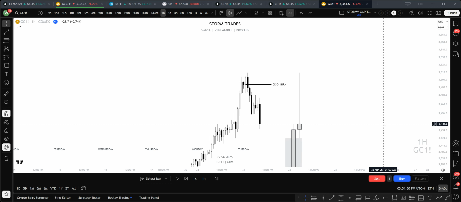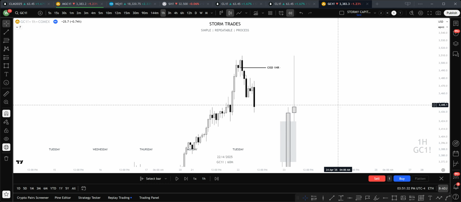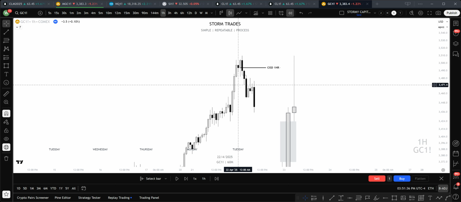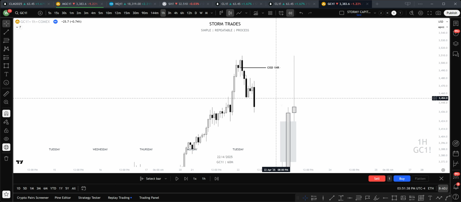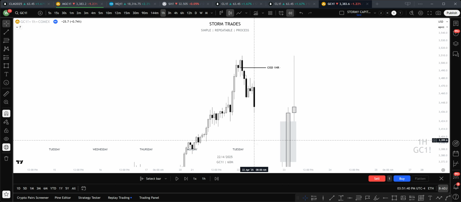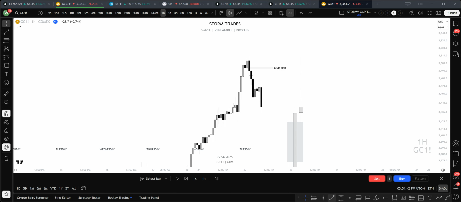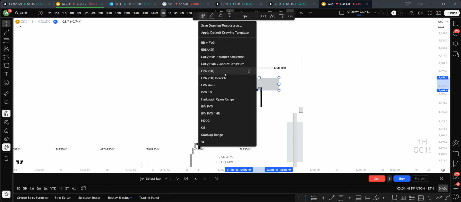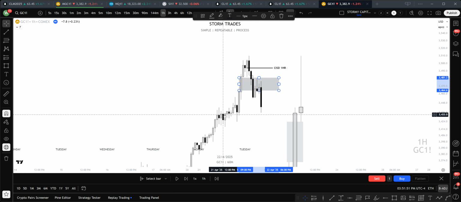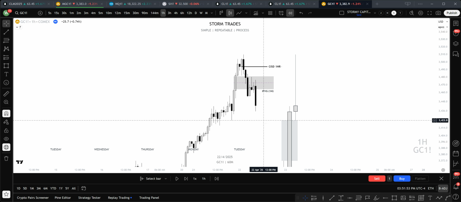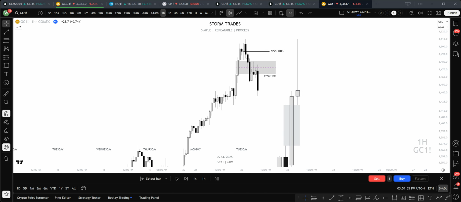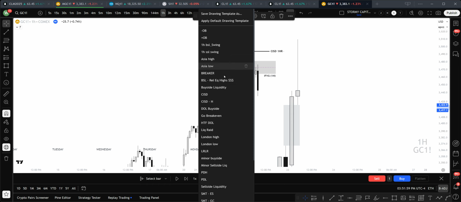Now, adding to the narrative is the fact that we had a large unmitigated fair value gap here on the hourly, and we just blasted right through it, right? So we created an inversion fair value gap right here. So to me, this is very bearish. Got some low resistance liquidity right here.